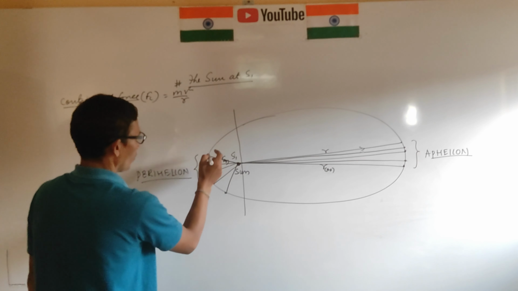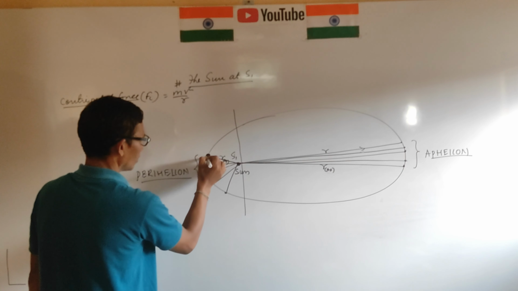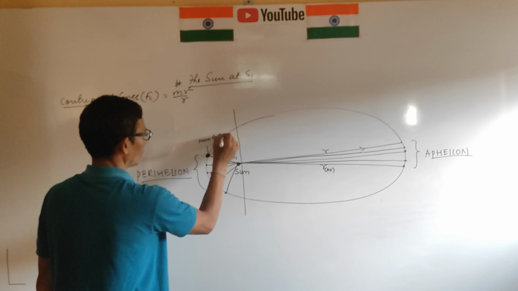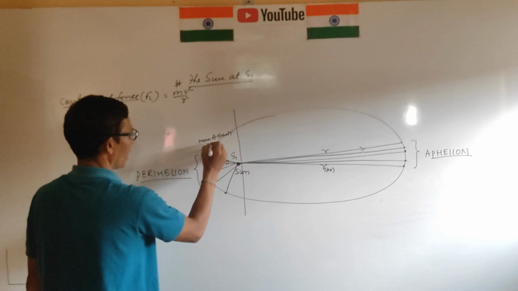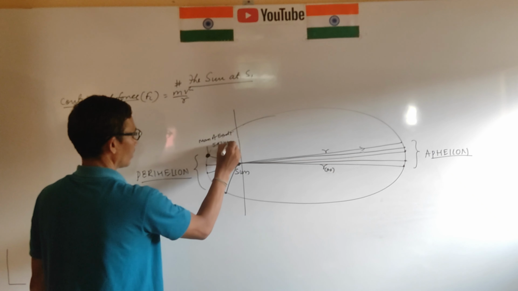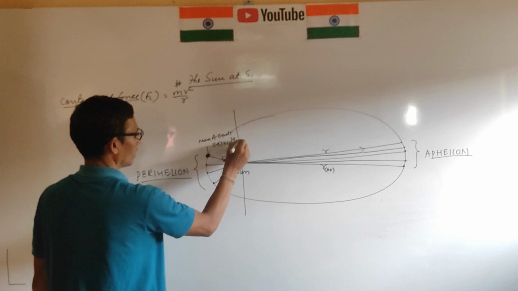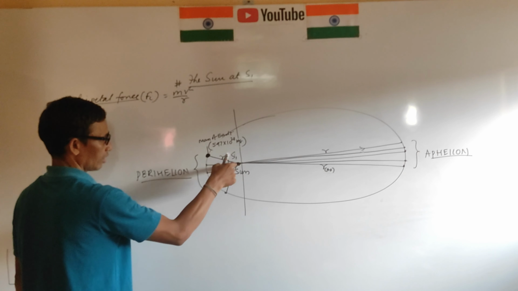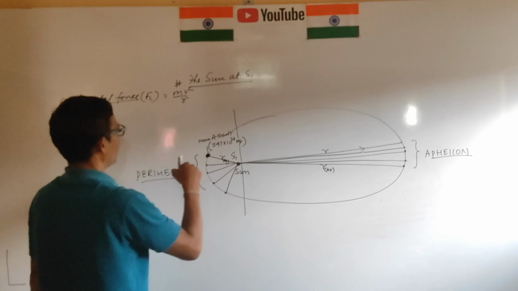Suppose we take the earth, and its mass is 5.97 into 10 to the power 24 kg. This is the mass of the earth moving around the sun in an elliptical path.